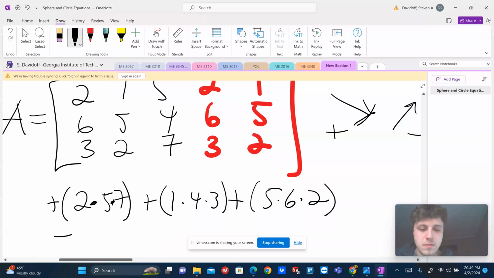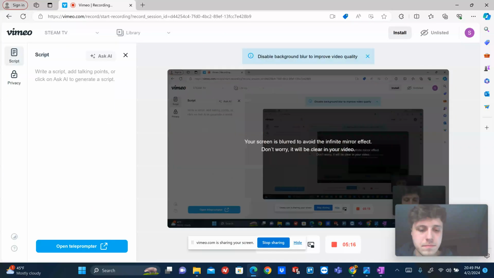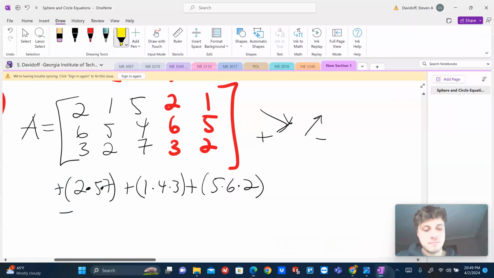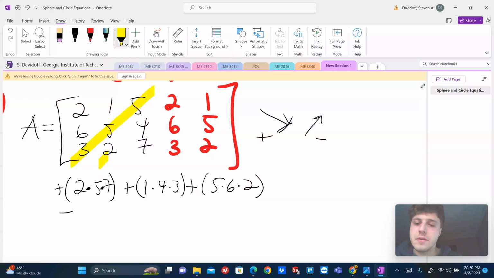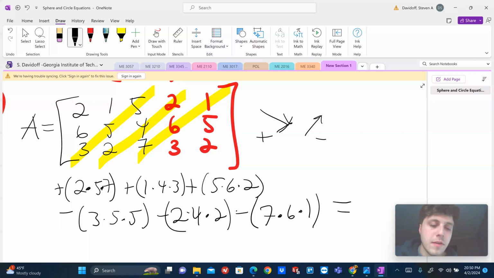So we're going to go basically from, and now I'm just basically going to go 3, 5, 5, 2, 4, 2, and 7, 6, 1. So 3, 5, 5 minus 2, 4, and 2, right? Oh, minus 7, 6, and 1. Run these numbers, and that is simply the determinant.